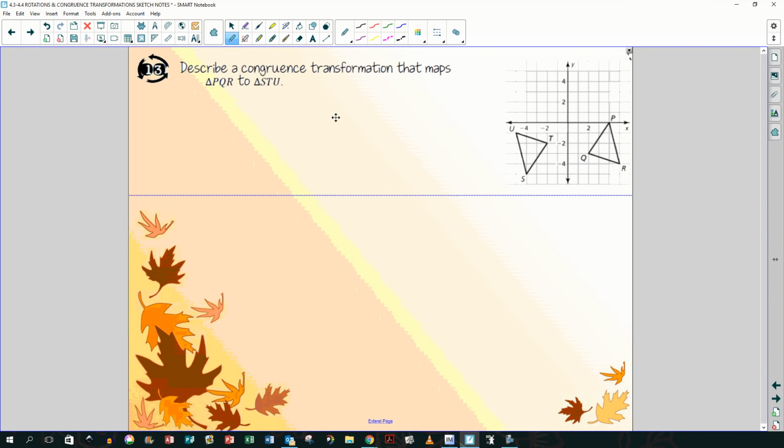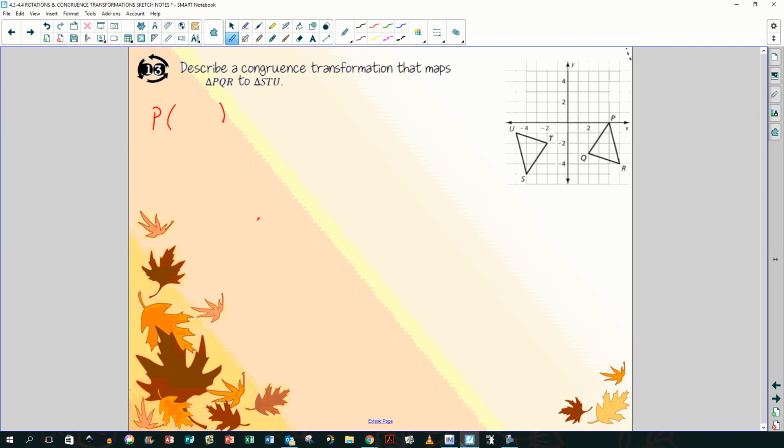All right, describe the congruence transformation that maps this to this. So basically, instead of me giving you the rule, you're going to have to come up with the rule. What they gave me says describe a congruence transformation that maps PQR to STU.